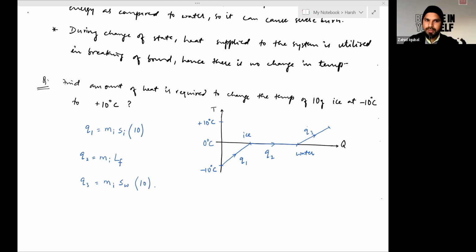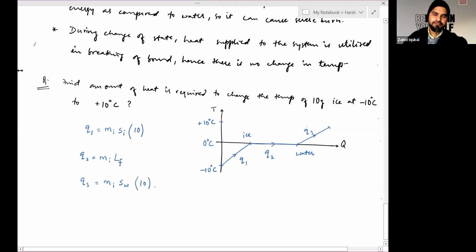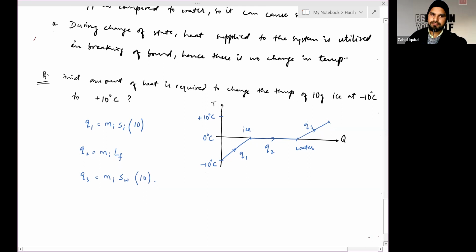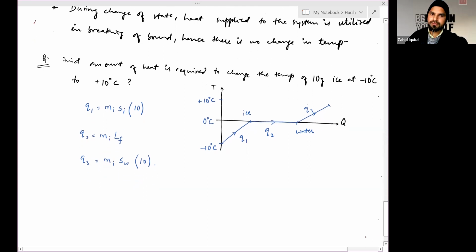I think it will be around 950. Should I solve?